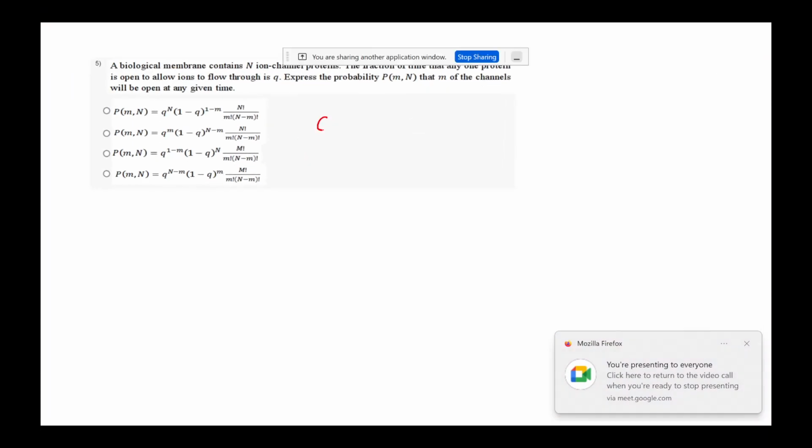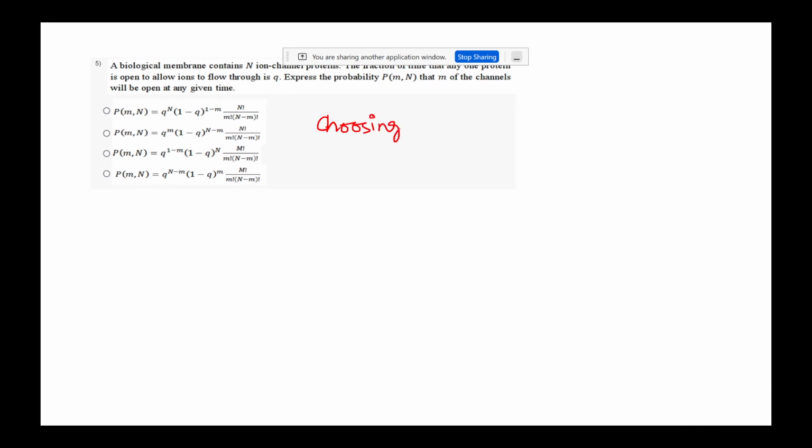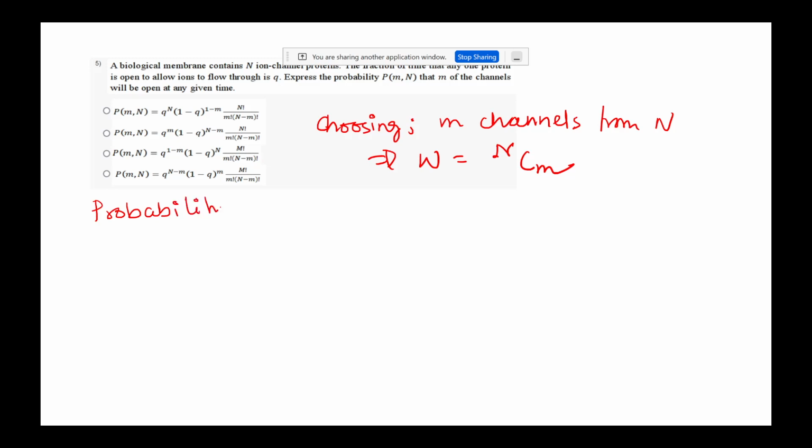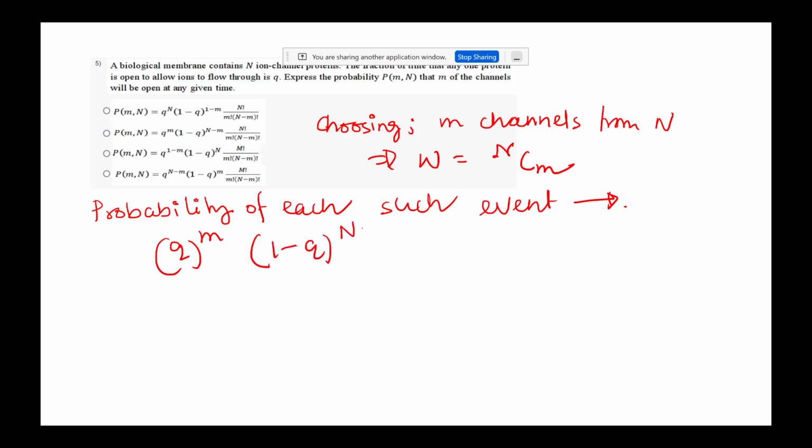So first, choosing m channels from n gives nCm ways. Now the probability of each such event is m channels opening, that means q to the power m, and n minus m not opening, 1 minus q to the power n minus m.